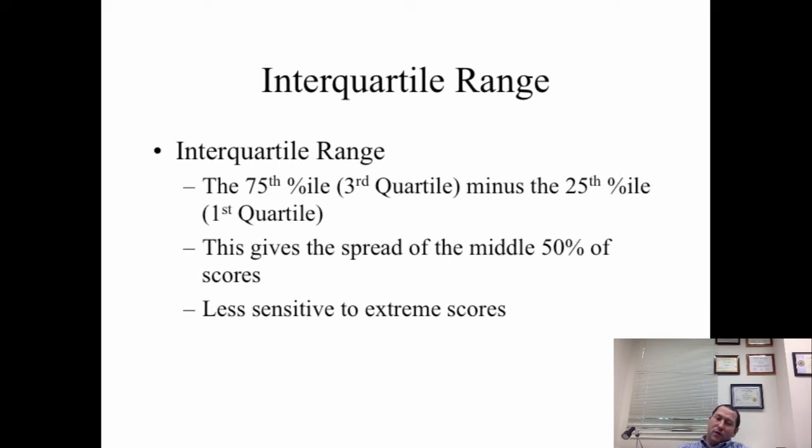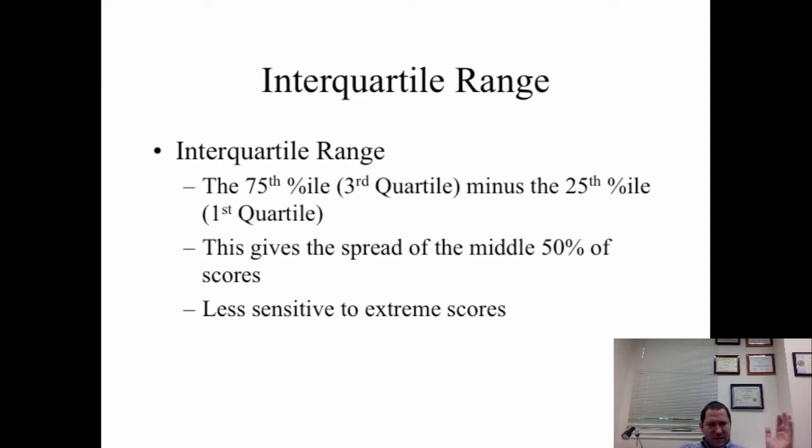What would the interquartile range be? So what you would do is you would say 75th percentile, 14, and then 25th percentile minus 6. 14 minus 6 is 8. So all of a sudden we have 8 units of variability. You see how that would work?